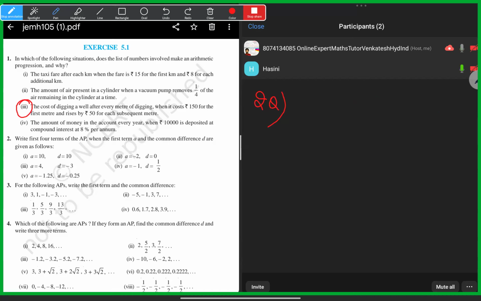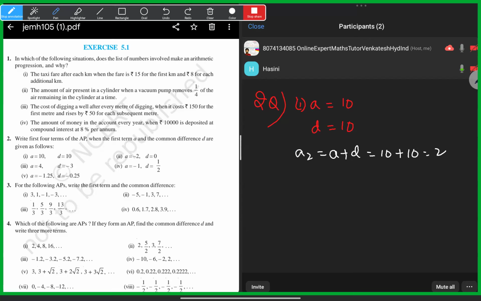So now here in the second question, they gave the first term A as 10, where A means first term, and D as 10. So they're asking the next four terms. A2 is nothing but first term plus common difference.